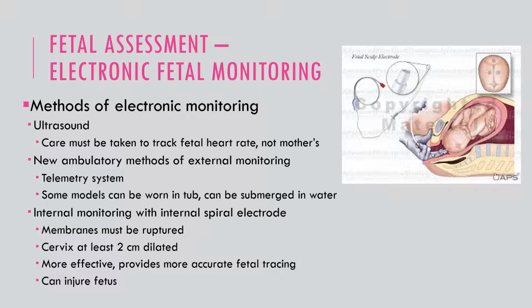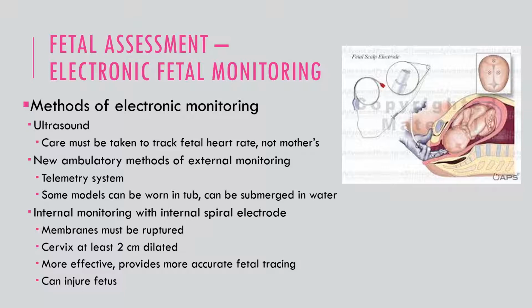So it's just like a telemetry cardiac monitor, except it measures the baby's heart rate. And then internal monitoring with a spiral electrode, or a fetal scalp electrode is what we call that. That would be the internal type of electronic fetal heart rate monitoring that we would use if the ultrasound Doppler is not working well for us.